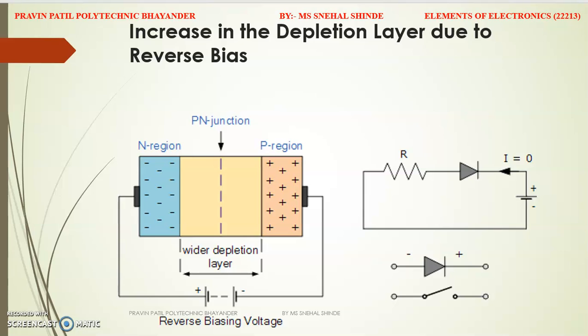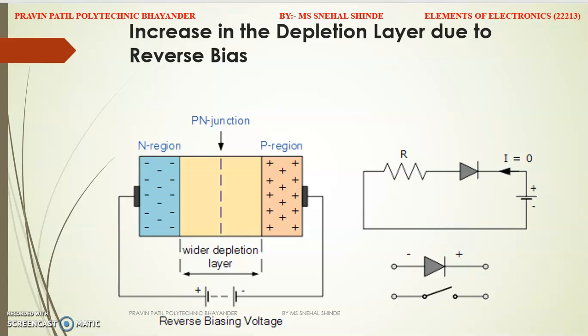Widening of the depletion region occurs due to the movement of electrons and holes away from the junction. The width of the depletion region increases as shown in the figure.